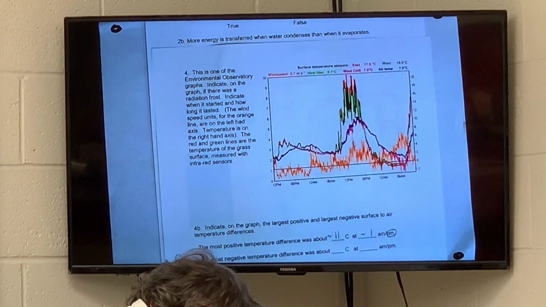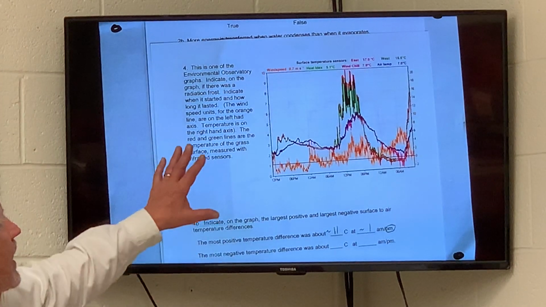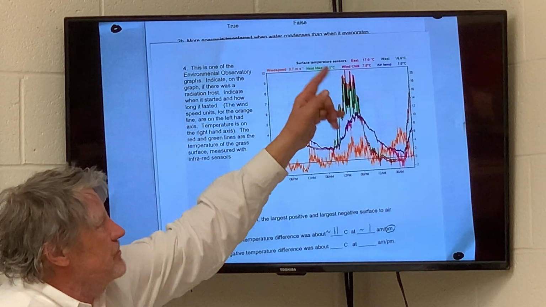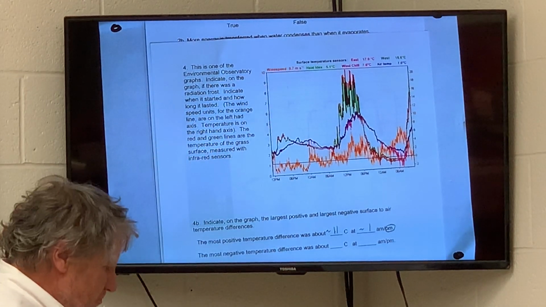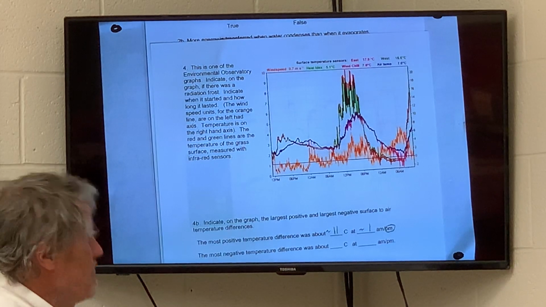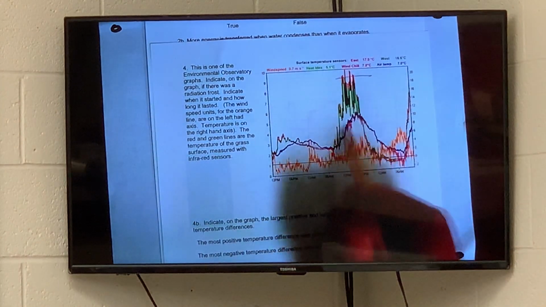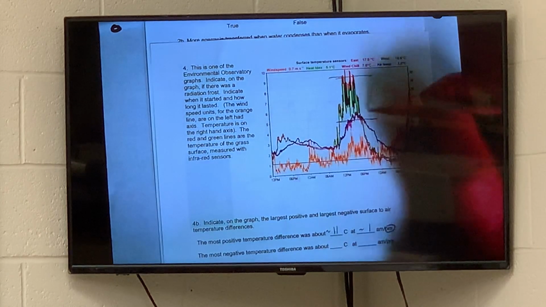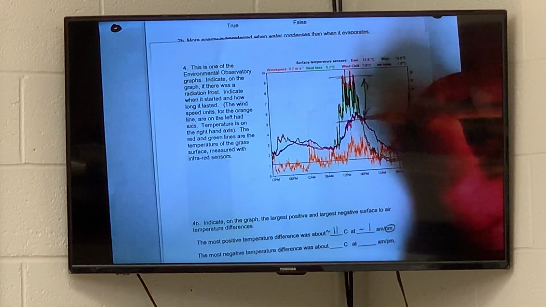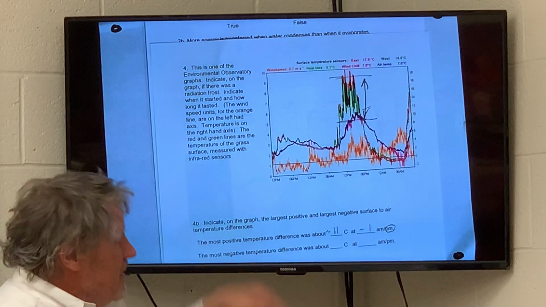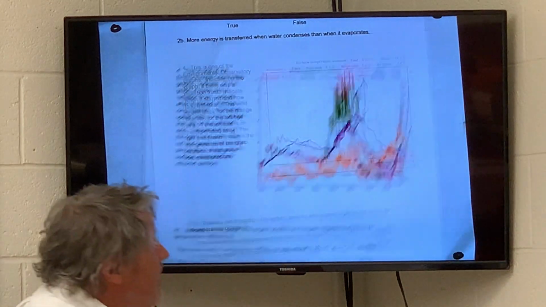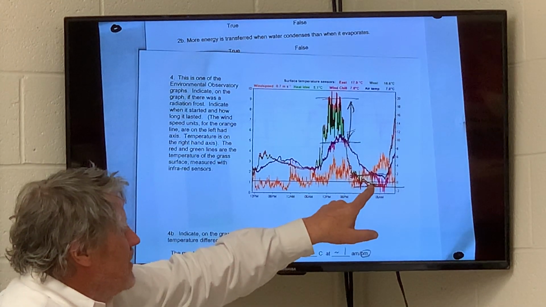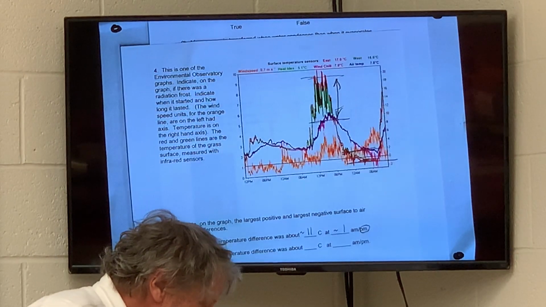This is just a graph of turf temperature or ground temperature and air temperature, and it says when's the highest, when's the lowest. Here's a really high period right here, when there's a huge driving gradient, and then look at over here, somewhere in here is the lowest, right there, when the ground is colder than the air.